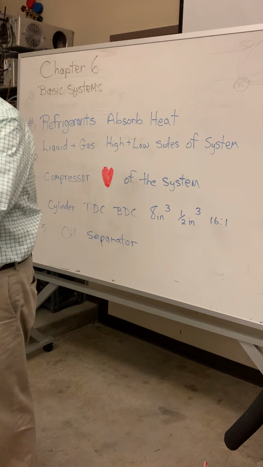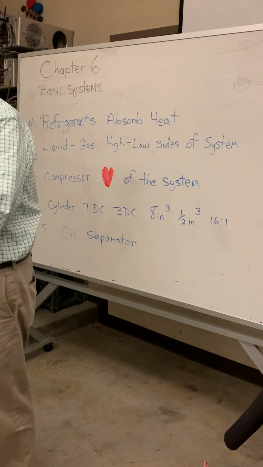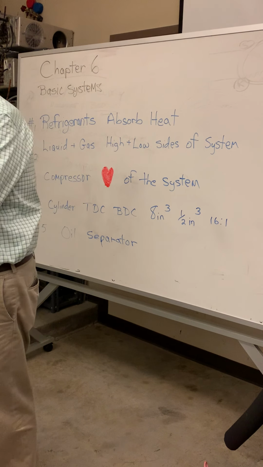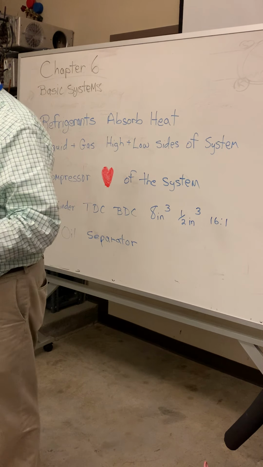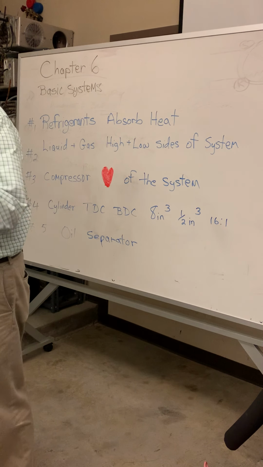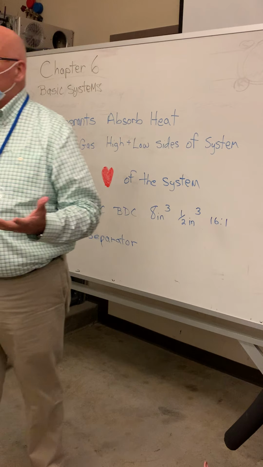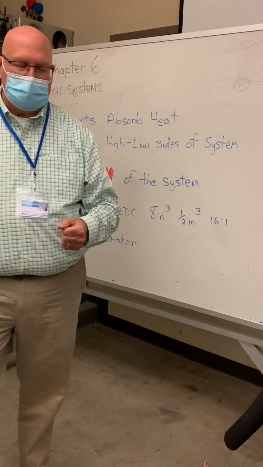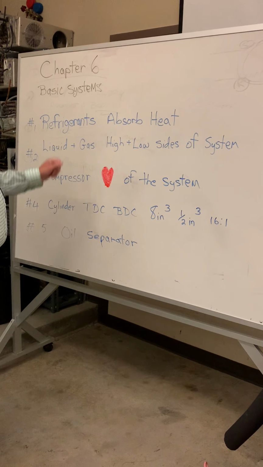We're going to move that heat to the outside, just like I squeeze that water out into the lake. I'm going to squeeze that heat out into the air outside. That is the analogy that's used, the water in the boat and the sponge. Refrigerants absorb heat.